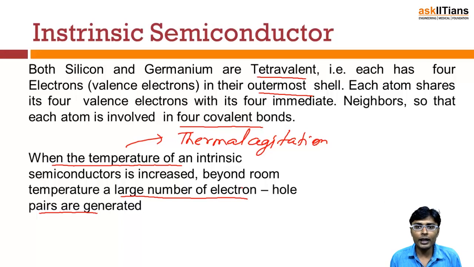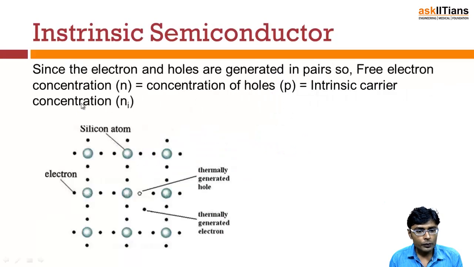There will not be any case where only an electron is generated or only a hole is generated. Why? We will see the reason in the next slide. Since electron and hole pairs are generated, the electron concentration will always be equal to the concentration of holes, and this will be equal to the intrinsic carrier concentration.